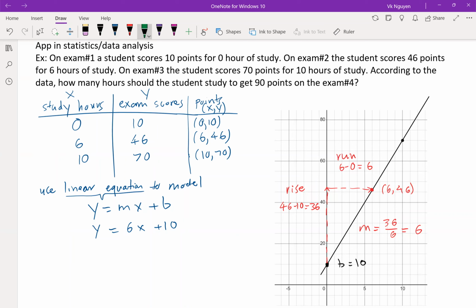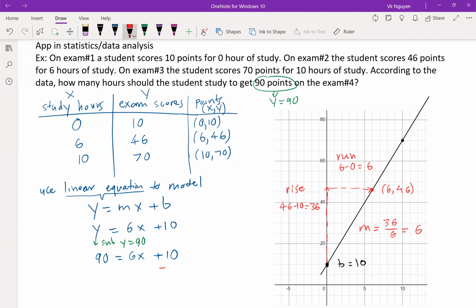Next, we can figure out the hours the student should study to get 90 points on exam 4. The number 90 points is the exam score, so that's y. y equals 90. So we have to sub y equals 90. And then when we sub y equals 90, we get 90 is 6x plus 10. Now we can get the hours by solving for x.